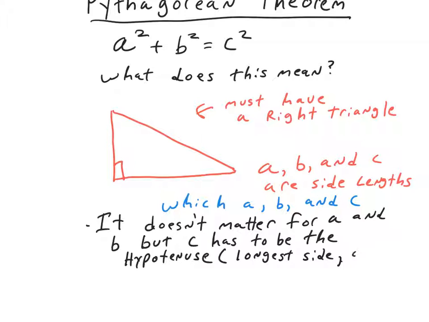What you can do is locate the right angle and draw an arrow through it. It's going to point at the hypotenuse. The arrow I just drew is pointing at side c, the hypotenuse.